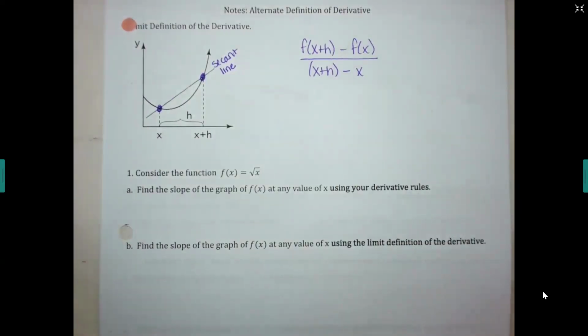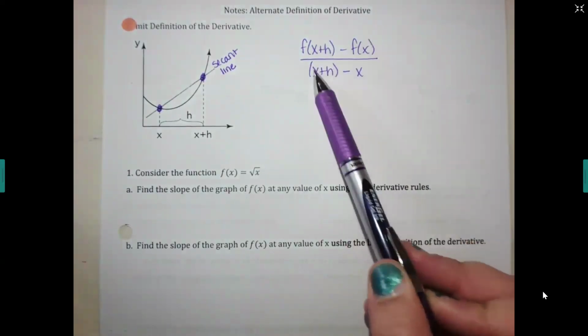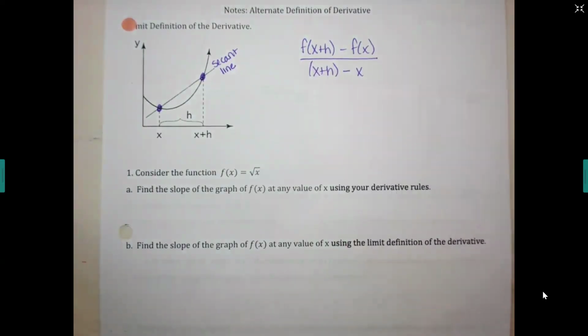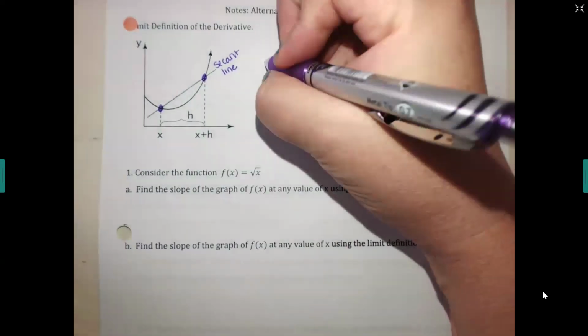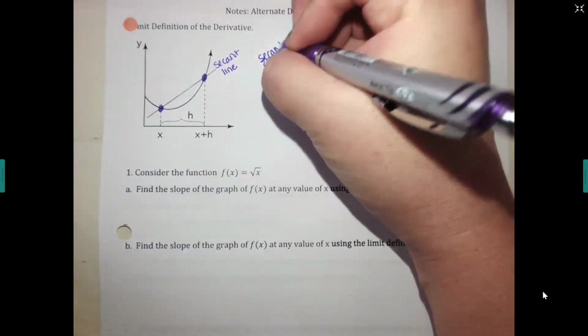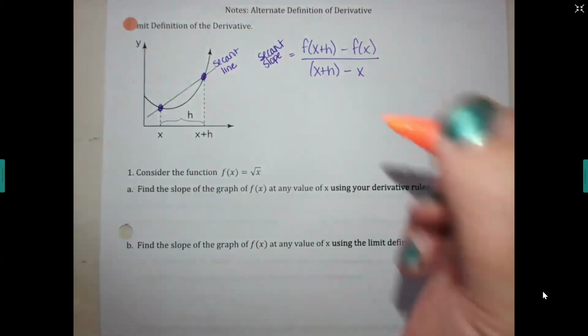So that equation, just so that you know where it comes from, is y2 minus y1 over x2 minus x1. Okay, and then if you remember on the day that we covered this, we looked at the bottom and said, oh, if it's a plus and a minus x, those can just kind of cross out. So the secant slope equals, and then we're going to cross those x's on the bottom out because they are always going to cancel, so you can just kind of leave them out.